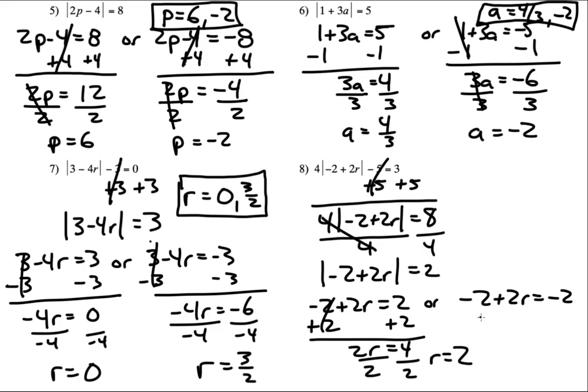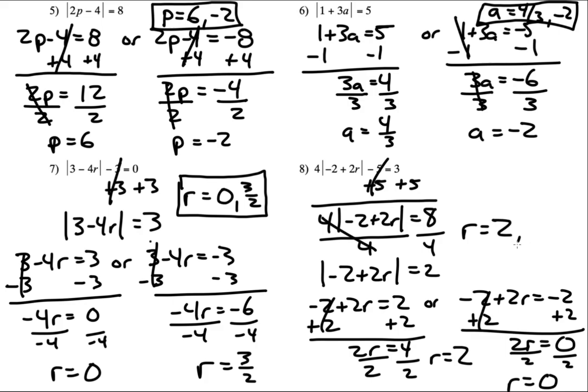And then for this one, if I add 2 to both sides, these cancel. I'm left with 2r equals negative 2 plus 2, which is 0. If I divide both sides by 2, I have r equals 0 over 2, which is 0. So putting it all together, I have r equals 2 or 0.